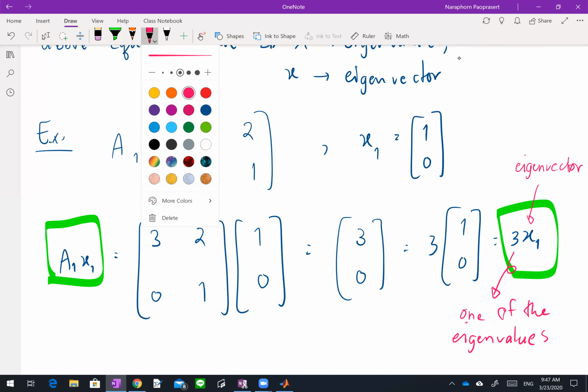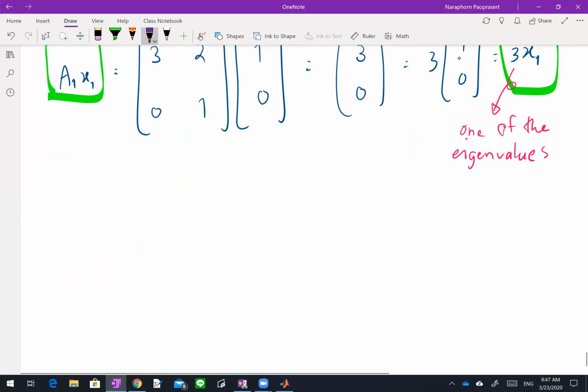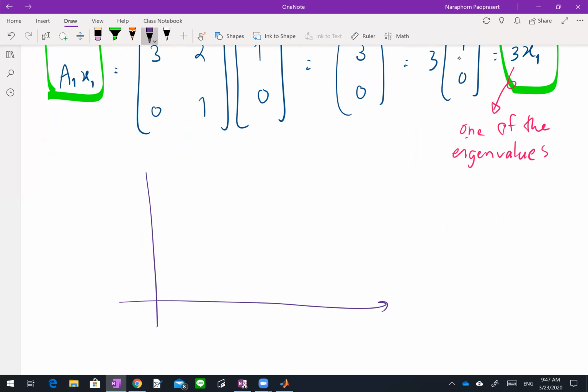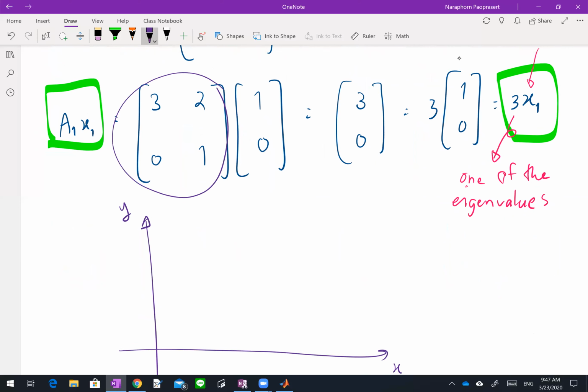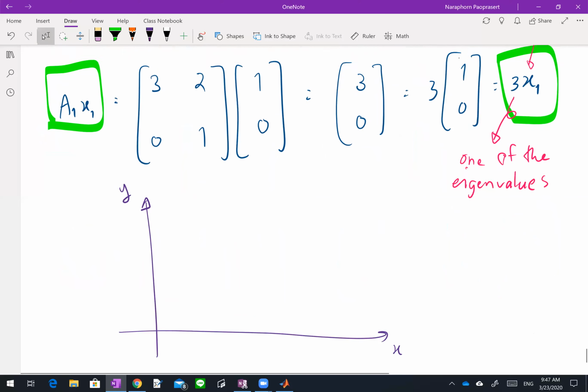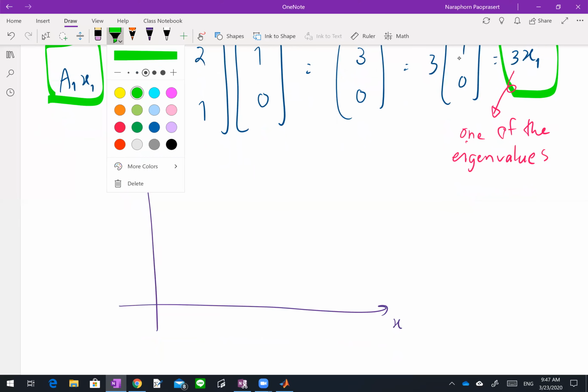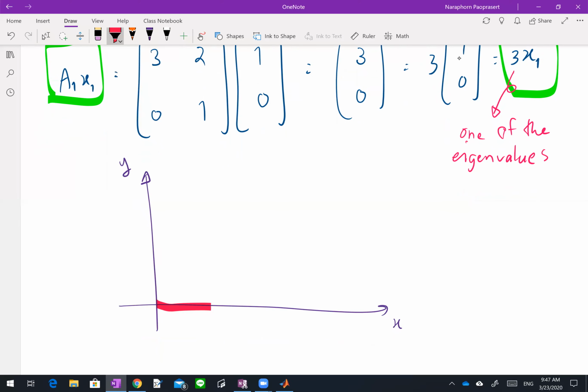Okay. To see it graphically, if you plot a graph, this is just the x and y axis. The reason that I do 2 by 2 is because I can plot a 2 by 2 graph easily. So if you want to plot just x1, x1 is 1, 0. So this is basically vector x1.